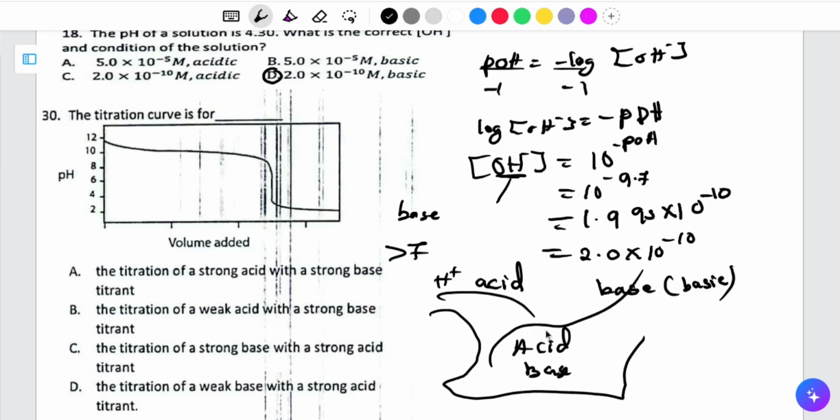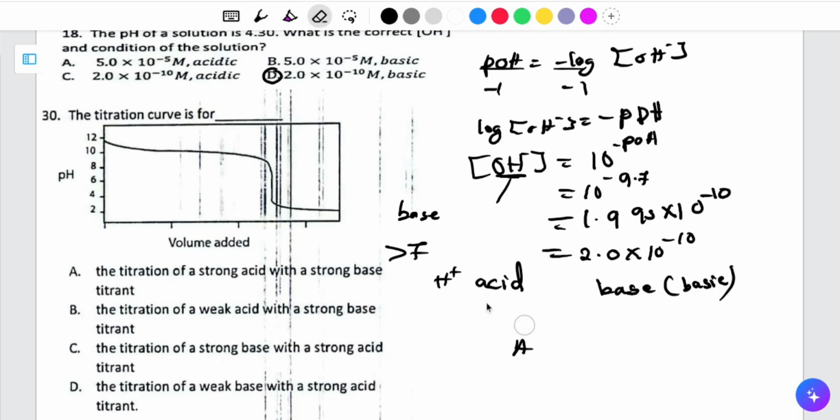So that is what we're having. So we're adding an acid, we're titrating a base. So of course this is the reaction between a strong base and a strong acid. So we have two options, C and A. So which one here? Is it the titration of a strong acid with a strong base titrant, or the titration of a strong base with a strong acid titrant?